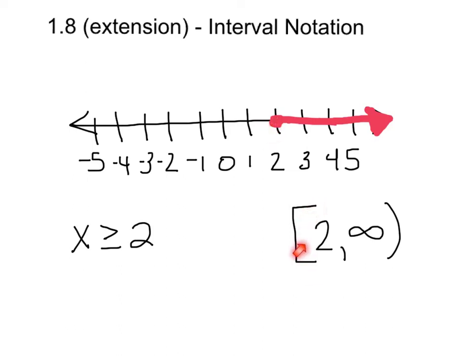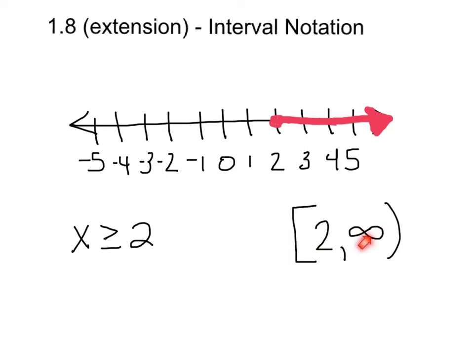If you had a parenthesis on this side, it would be an open circle. So once again, bracket means you have a closed circle. Parenthesis means you have an open circle. If you have a parenthesis, that means you either have a less than or a greater than symbol. If you have a bracket, you're going to have a less than or equal to symbol or greater than or equal to symbol.